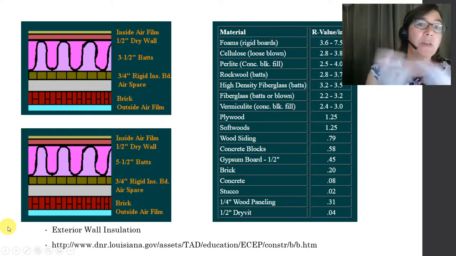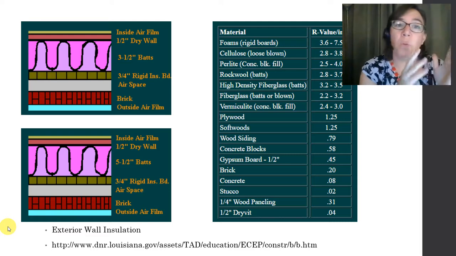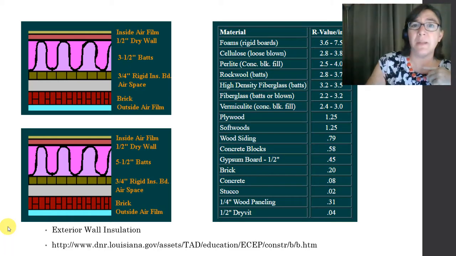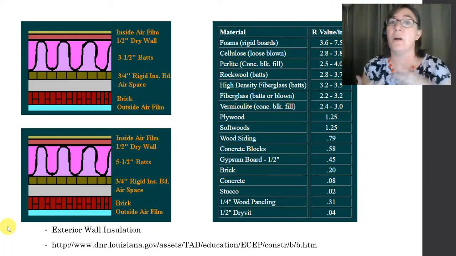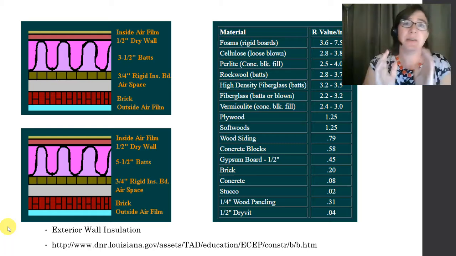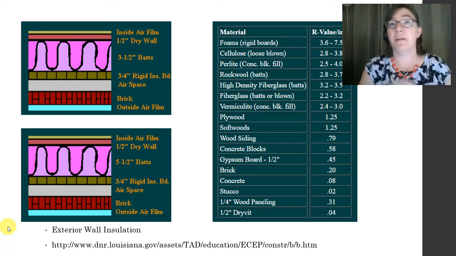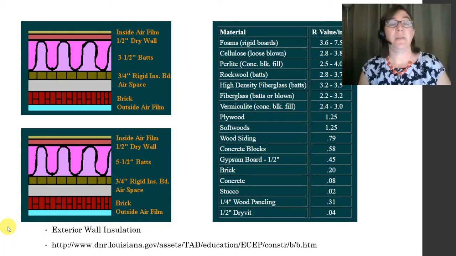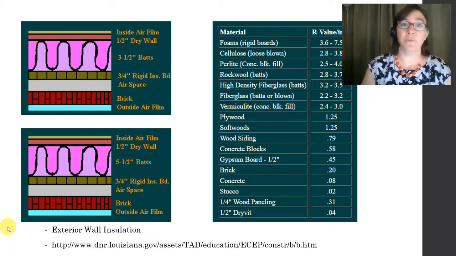So the question here is: given those wall constructions and given the table of different materials and their R values, which is a very condensed version of the table in Appendix J of your textbook, can you find the total R value for the wall?